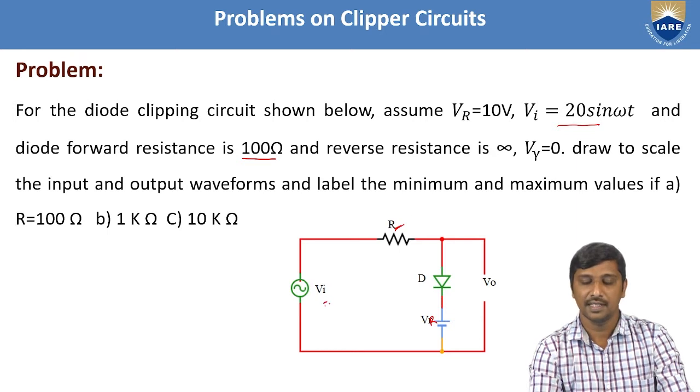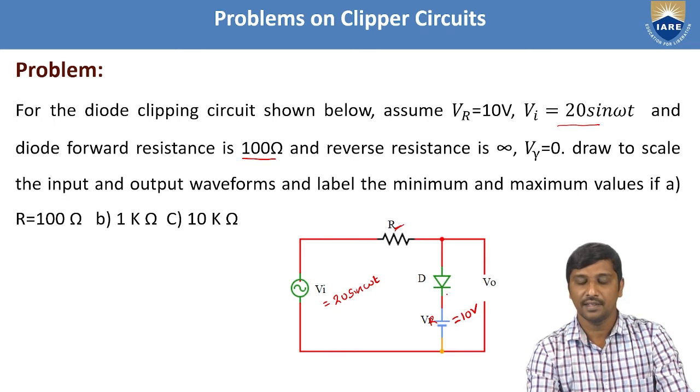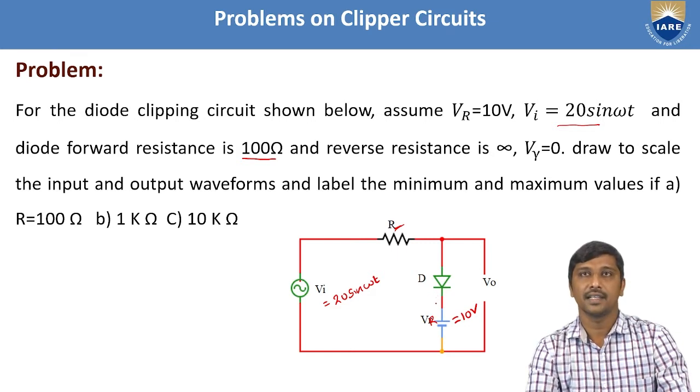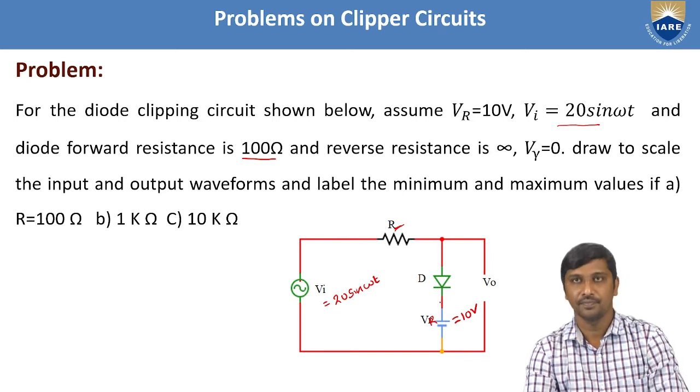Here VA is 20 sin ωt and the reference voltage is 10 volts. When the diode is conducting, we consider the diode resistance, that is 100 ohms. Now we'll see the analysis with respect to this given circuit.